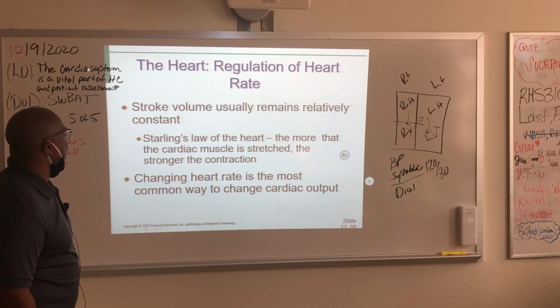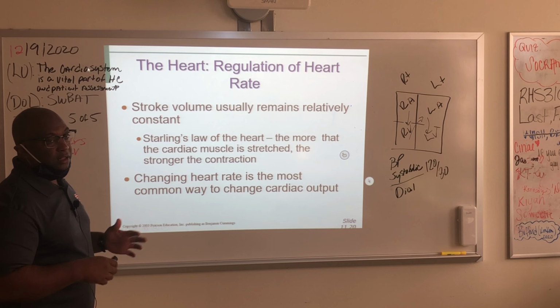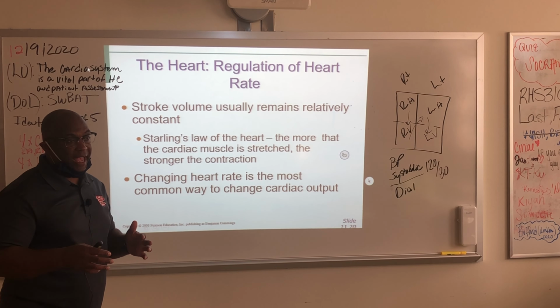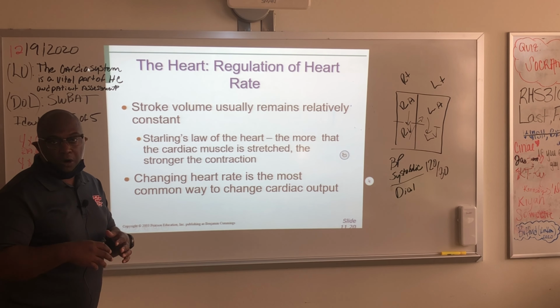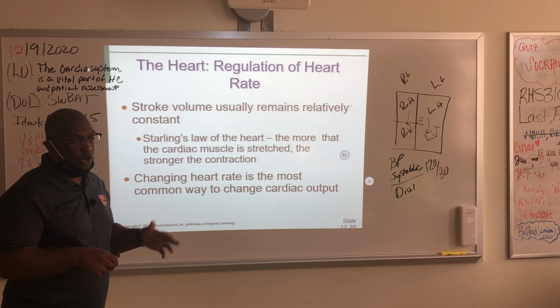Changing the heart rate is the most common way to change cardiac output. You would need this philosophy and these numbers if you go into any kind of pulmonary rehab, or work in any of those athletic labs, because they will oftentimes want to know what cardiac output is.